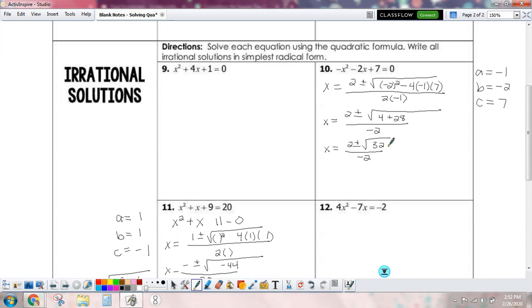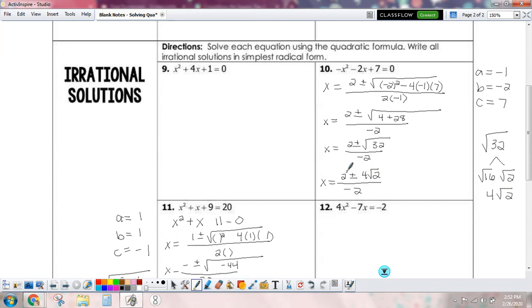And then I'm going to go ahead and put this in simplest radical form. So 2 plus or minus, divided by negative 2, and then the square root of 32. I know the biggest perfect square that goes into that is going to be 16. 16 times 2, so 4 square roots of 2.